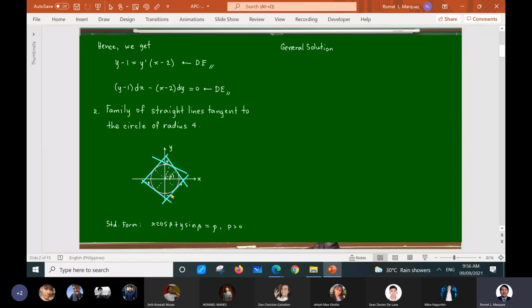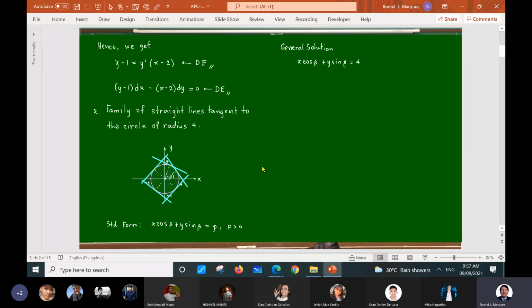Now, beta here is fixed for every line. Beta is the inclination of the perpendicular distance from the origin going to the line. Is that clear, guys? So the general solution is x cosine beta plus y sine beta is equal to p. What is our p? 4.